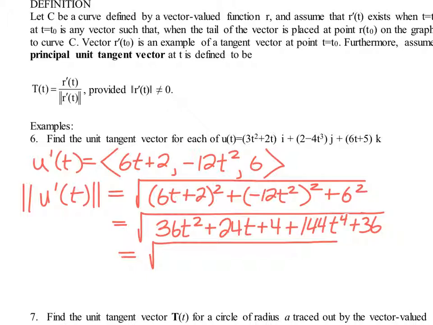So 144t to the fourth. Oh no, it's 16 times 2 and 16. Oh yeah, so it's 12t plus 12t, so 24. Yeah. So 144t to the fourth plus 36t squared plus 24t plus 40.